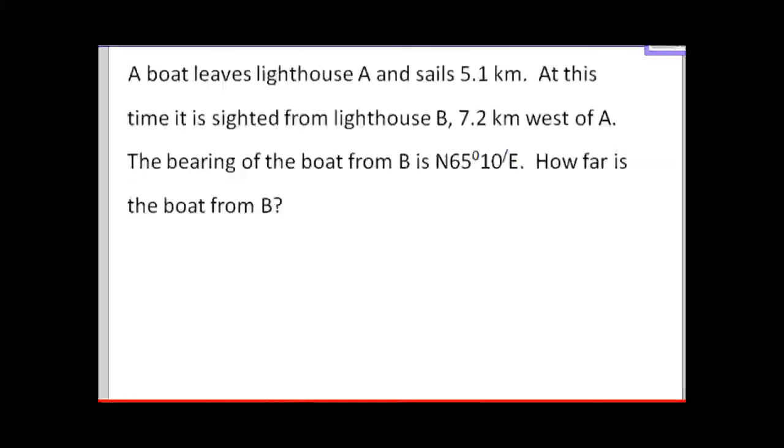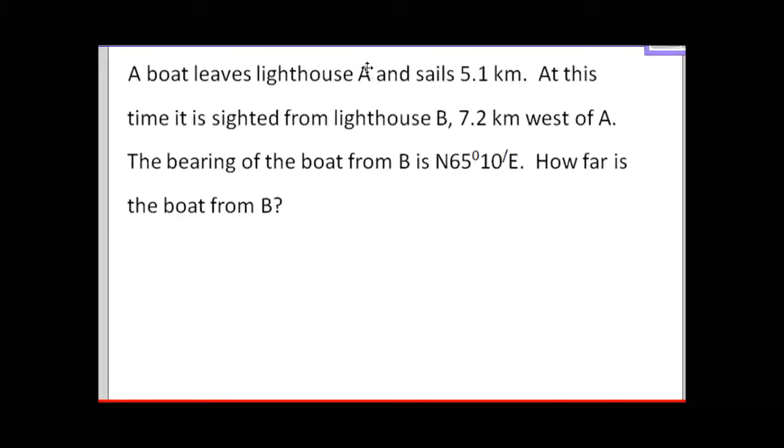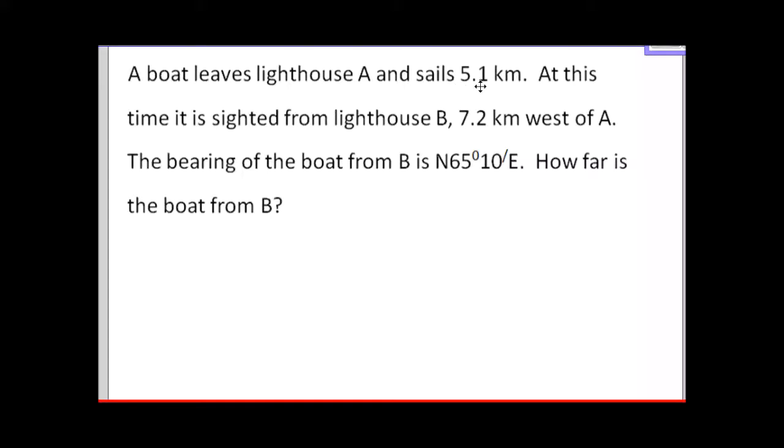So that tells me let's draw a picture, and the only way to draw the picture is to start. A boat leaves Lighthouse A and sails 5.1 kilometers. So let's say Lighthouse A is right here. It's not telling us which direction it goes.